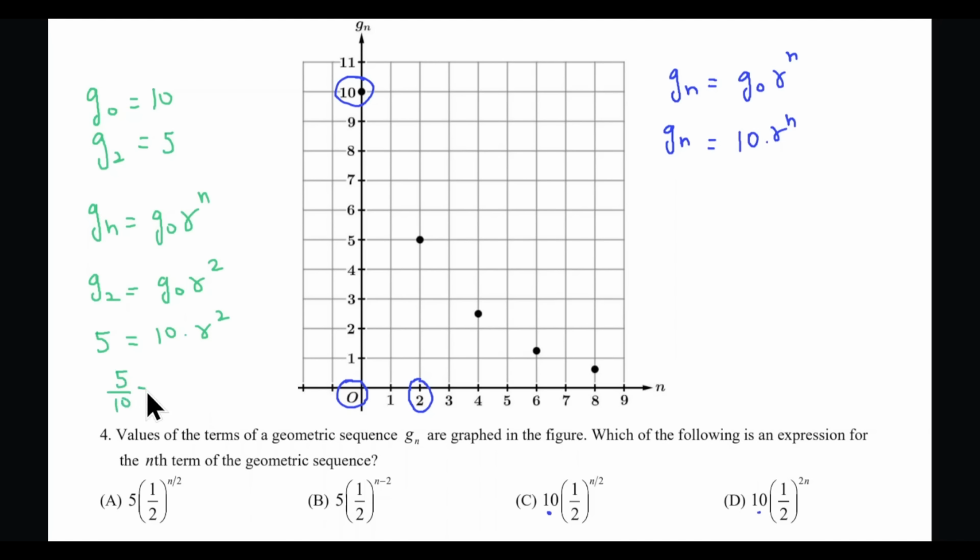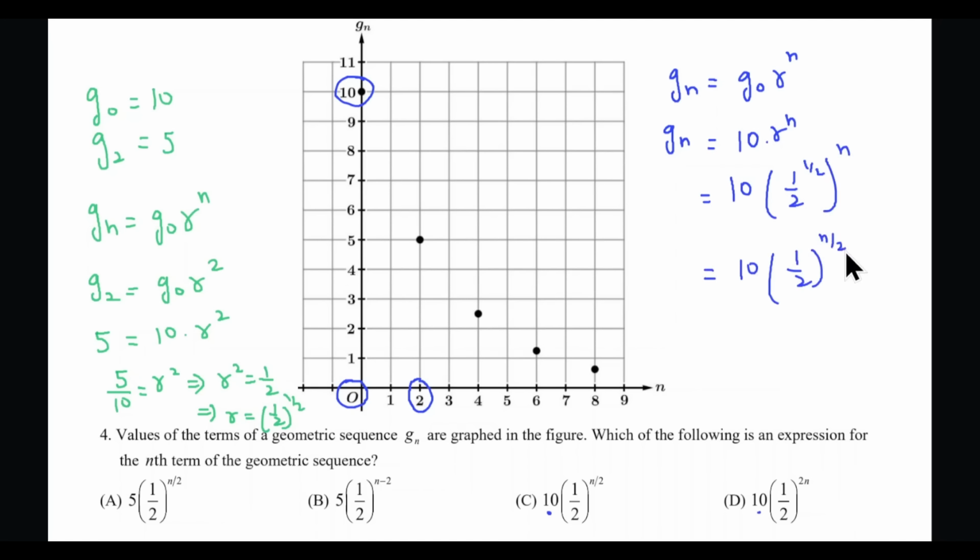So I got 5 over 10 is equal to R square, which means that R square is 1 over 2, which means that the value of R is 1 over 2 to the 1 over 2. Right, and this R I'm going to sub in over here. So this is going to look like 10 times 1 over 2 to the 1 over 2 to the n, and this will look like 10 times 1 over 2 to the n over 2. So that is the value of Gn, which is option C. Yeah, option C makes sense.